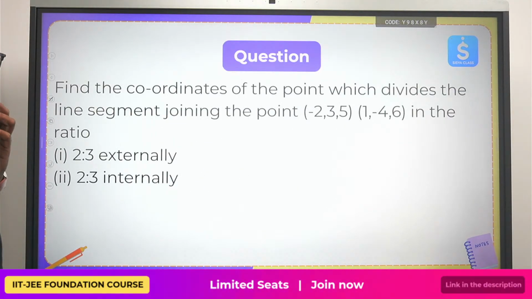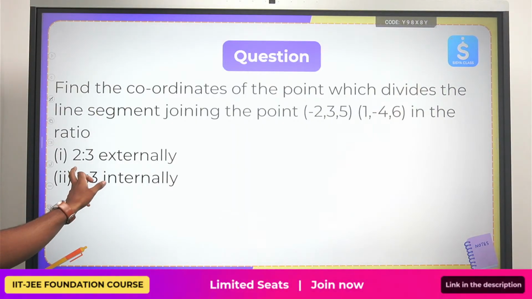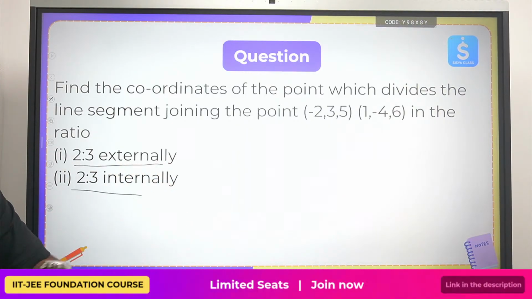Coming to the next question. Find out the coordinates of the point which divides the line segment joining the points minus 2, 3, 5 and 1, minus 4, 6 in the ratio 2:3 externally and 2:3 internally.